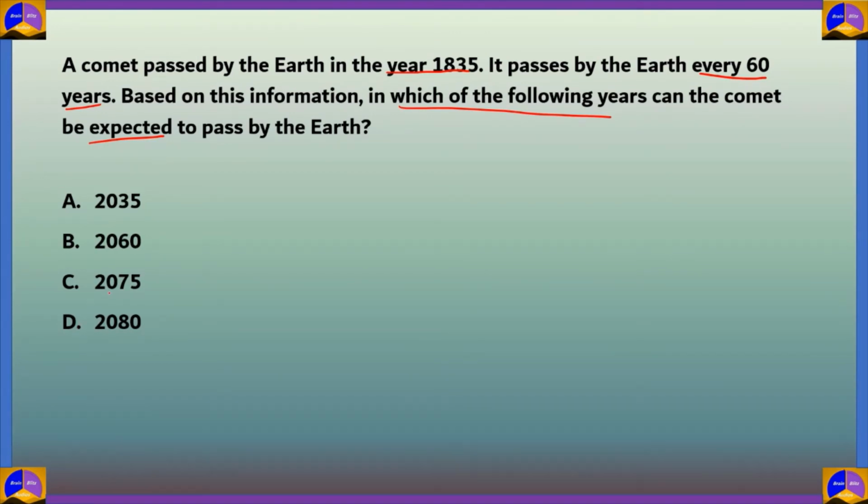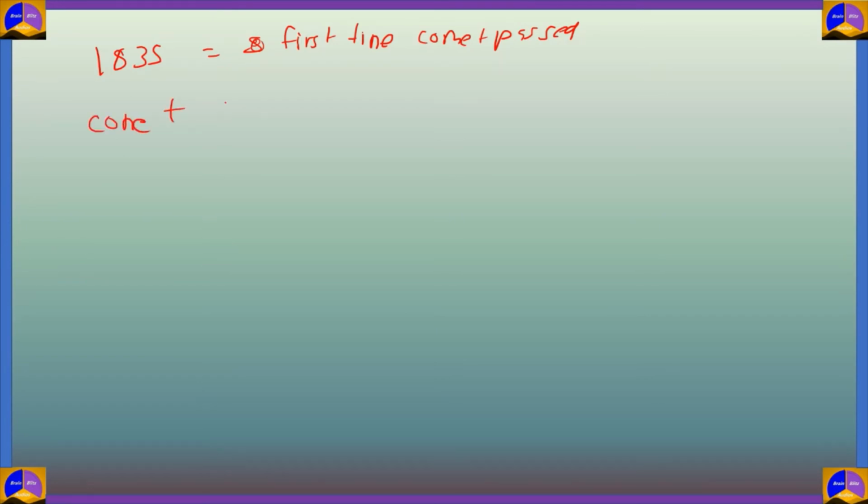So suppose the first time the comet passed by the Earth is in 1835. Now, the comet passes by the Earth every 60 years.